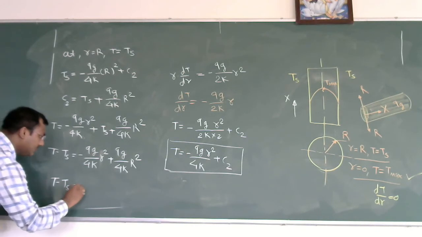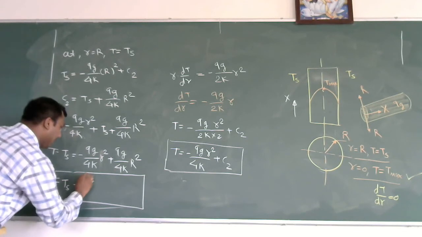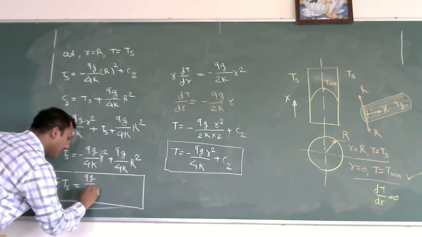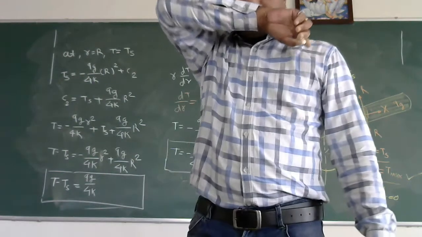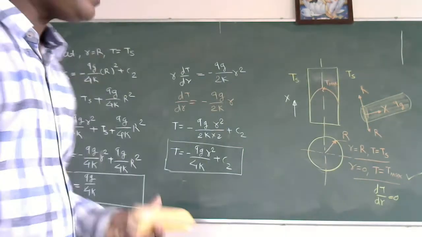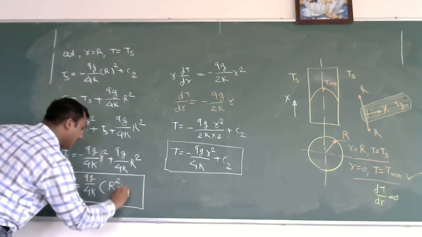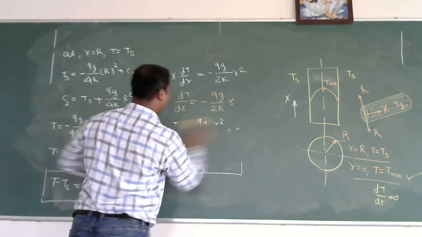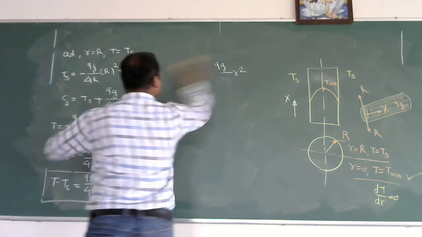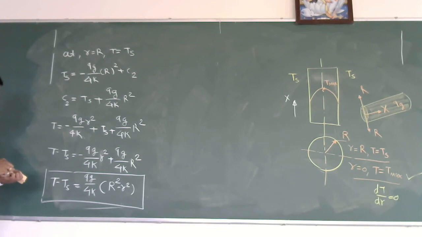Then I can reduce this equation: T minus Ts, taking this Qg by 4k as common, I will get R square minus r square. So this becomes your general solution, the specific solution for the given differential equation.